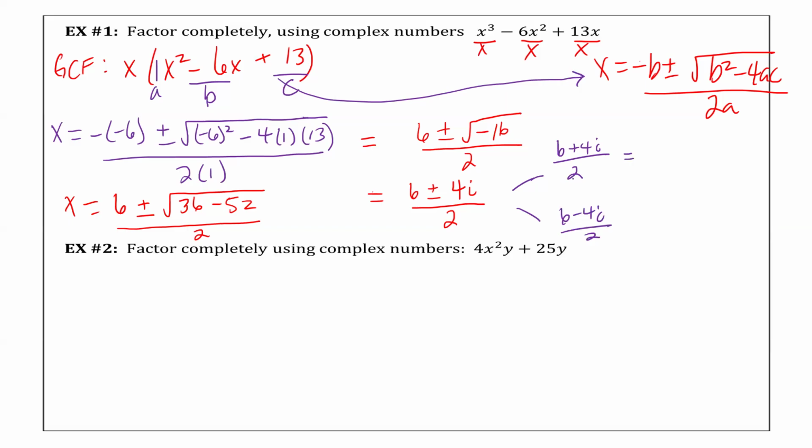And 4 divided by 2. So this equals 3 plus 2i. That's the imaginary answer. And the other is 6 divided by 2 minus 2i.